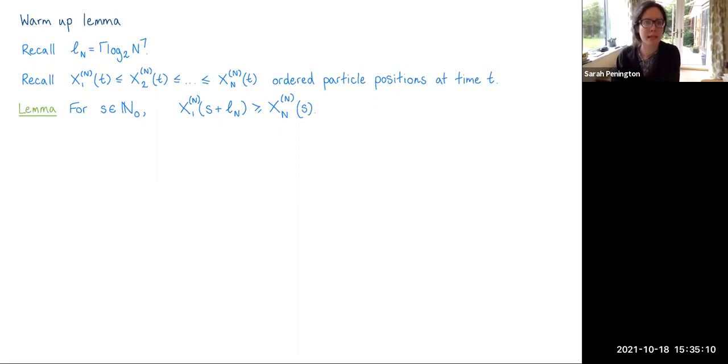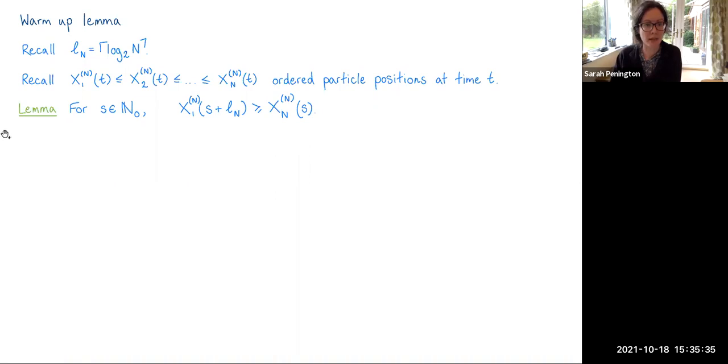So what the lemma says is that if you take a non-negative integer s, then x1n of s plus ln is at least xnn of s. In other words, the leftmost particle at time s plus ln is at least at the position of the rightmost particle at this earlier time s.